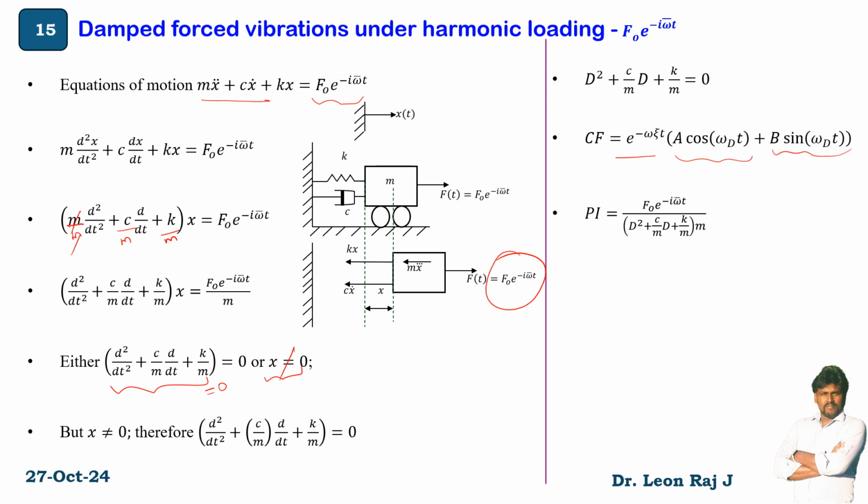So your particular integral is equal to f0 e power minus I omega bar t divided by d square plus c by m into d plus k by m into m. Of course, these are all the terms I explained in the previous slides. Also in lecture 1 I have given detailed derivations.